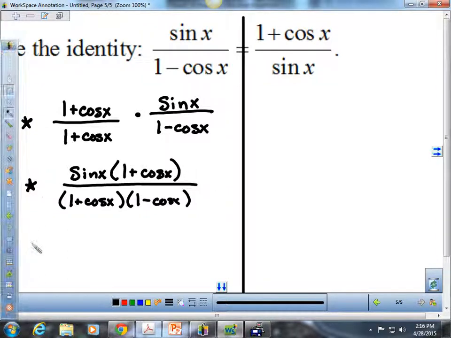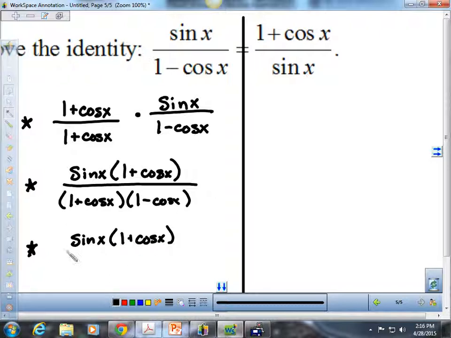So I get sine x times 1 plus cosine x over 1 minus cosine squared x.